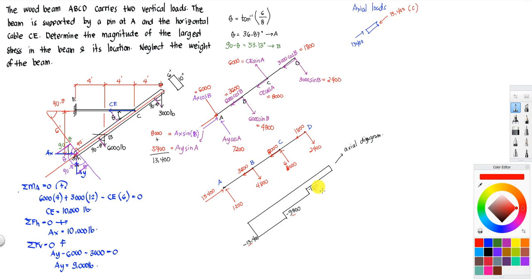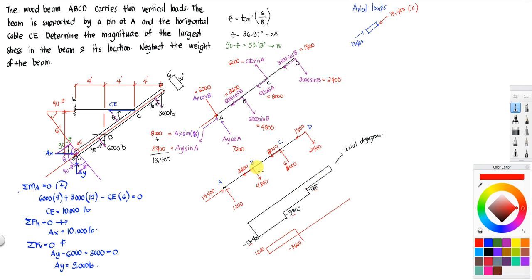Now, let's draw the shear diagram. Aangat ako doon ng 1,200. Tama? So, I will be having here 1,200. Then, wala akong ibang force A to B. Okay? Then, bababa ako ng 4,800. 1,200 minus 4,800, negative 3,600. So, I will be having here negative 3,600.